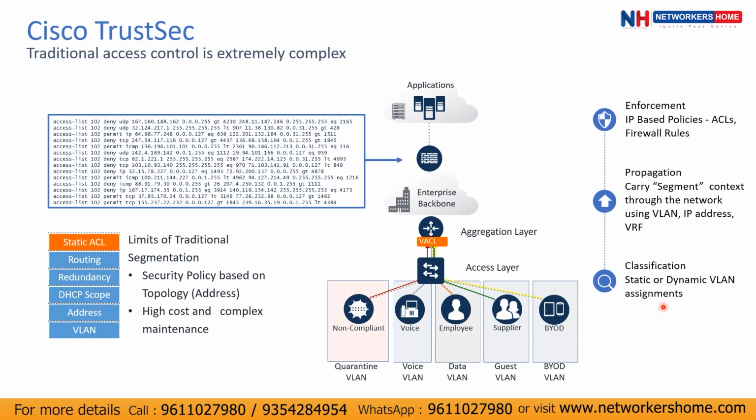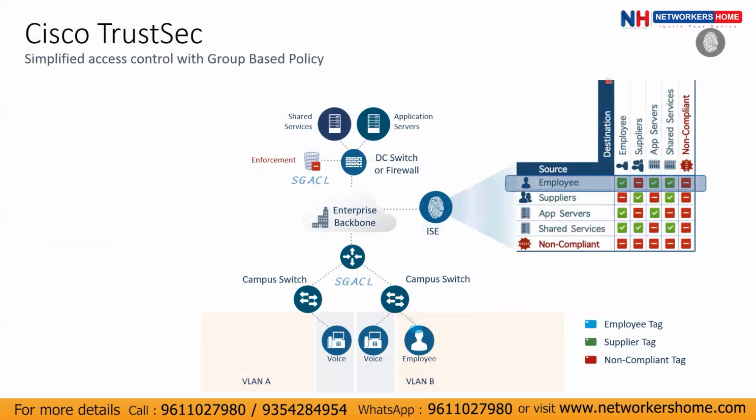We cannot implement security with this kind of traditional architecture nowadays, and it would be quite costly and complex in terms of maintenance, right? To resolve that issue, we have created this integration. Cisco TrustSec has been in the market for quite a long time, but the actual benefit comes when we integrate it with Cisco DNA Center and Cisco ISE.